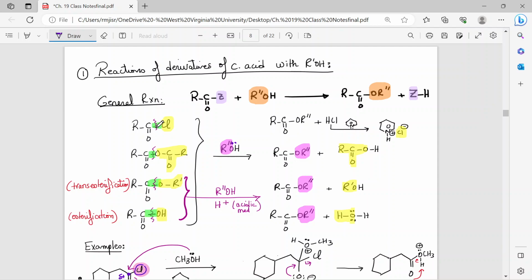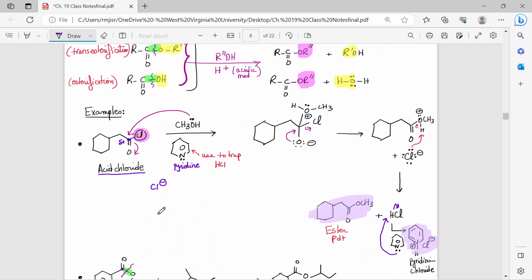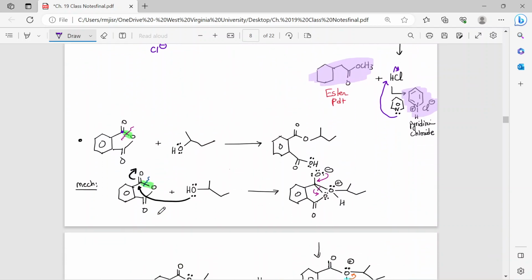These are the bonds that connect functional groups together. These are the reactive bonds, weak bonds, and they can be broken. You have the bond between the carbonyl and the chlorine, the bond between the carbonyl and the oxygen. This is the ester bond over there, and the bond between the carbonyl and the OH. All of those bonds are going to be broken throughout the mechanism of the reaction.